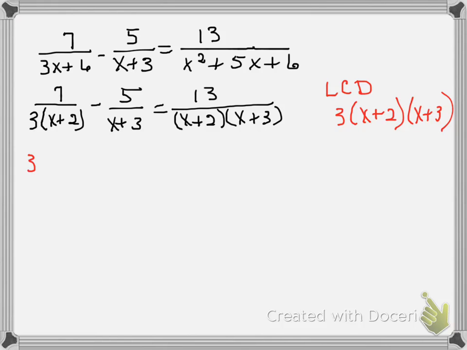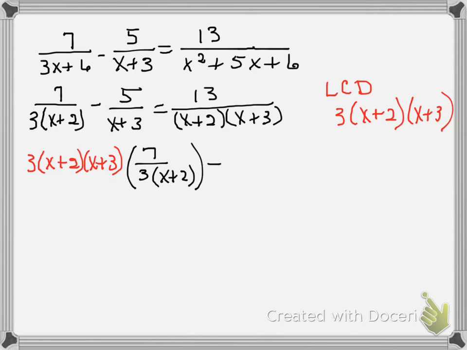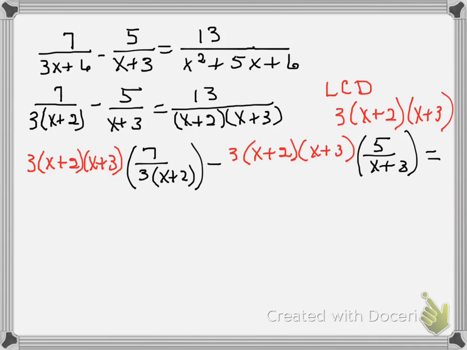So on the left, we're going to have 3 times, this is my denominator, times the first term, minus, we need the common denominator times the second term, and that equals, on the right hand side we have our rational expression, and we will multiply that also by the least common denominator.